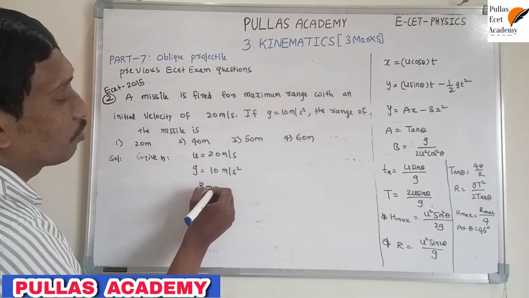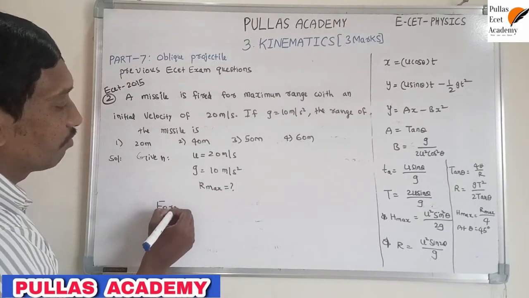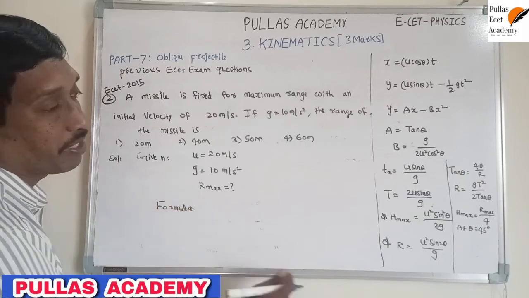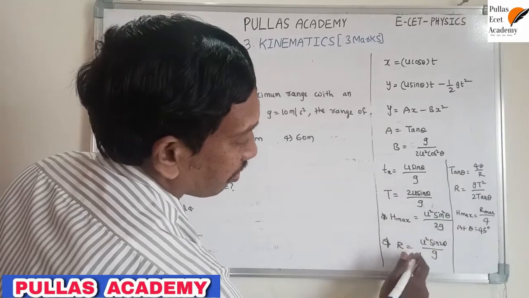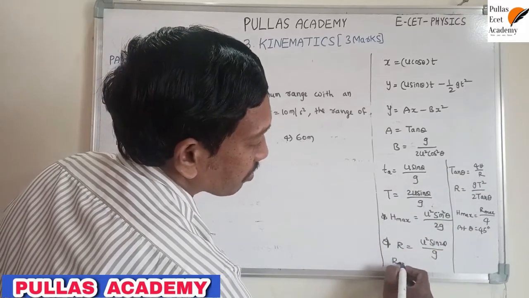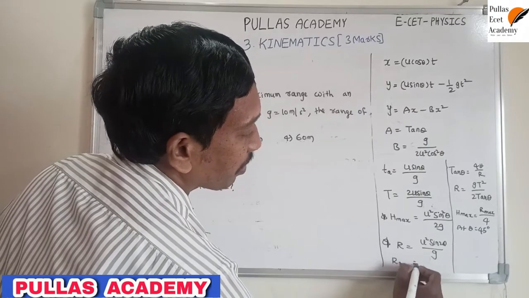Now maximum range is asked. What is the formula for maximum range? Already we have discussed the maximum range here. This is the range formula. Maximum range means where theta is 45 degrees; substitute it and you get maximum range.